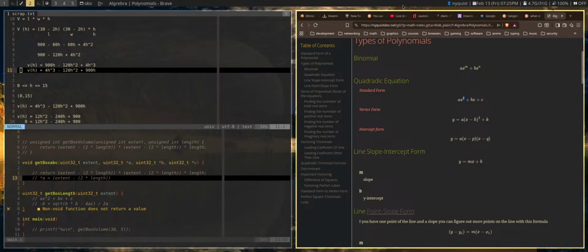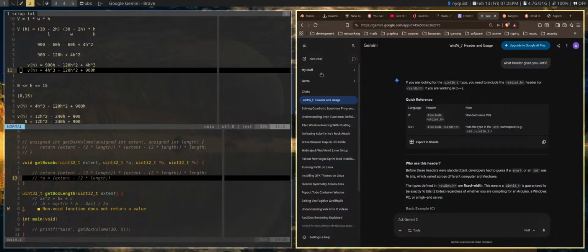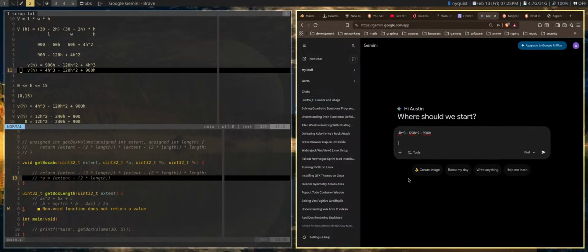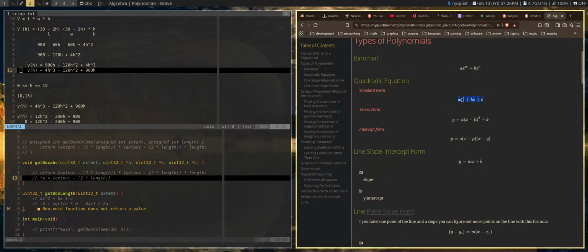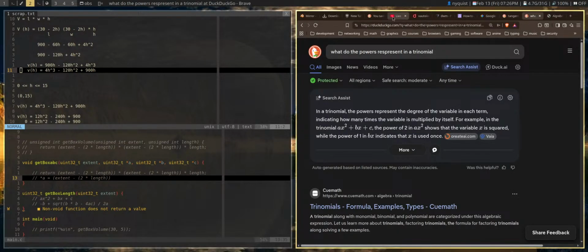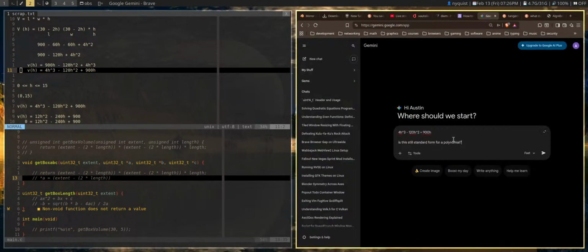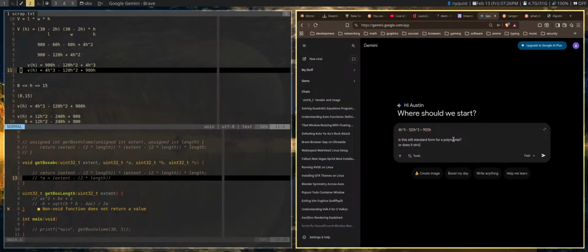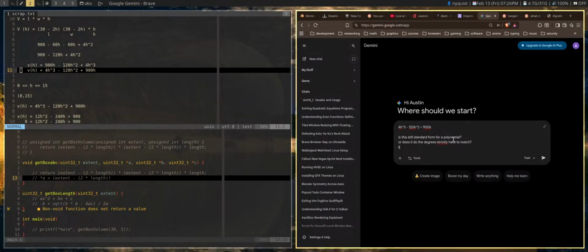That is my question, is if this is still standard form for a polynomial? Or do the degrees have to be the same? I don't know. Or do the degrees strictly have to match? I think they strictly have to match like this.